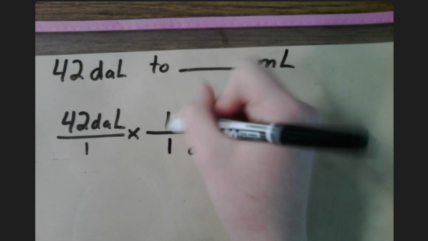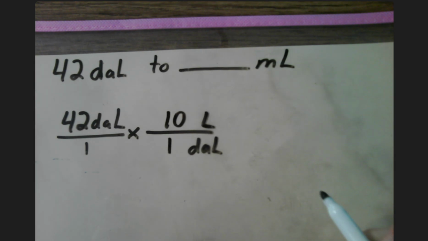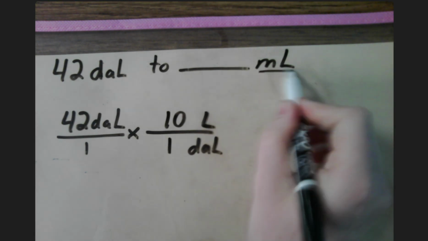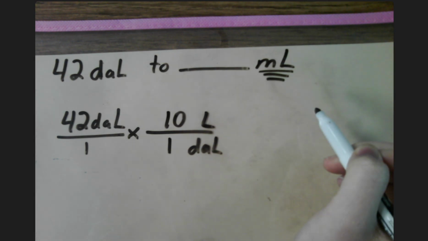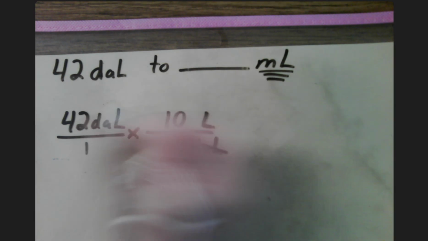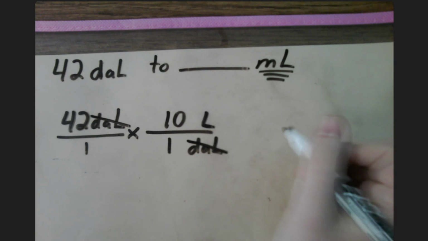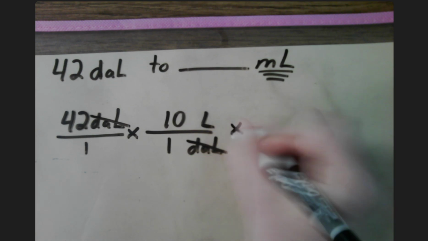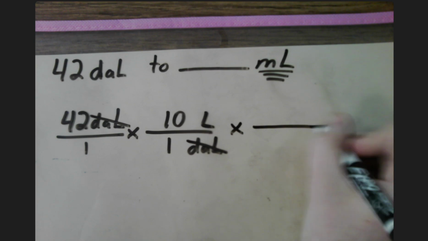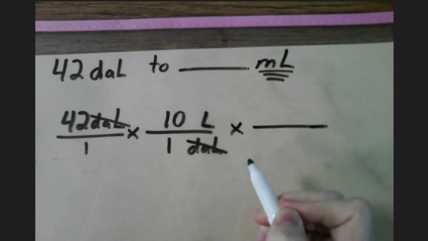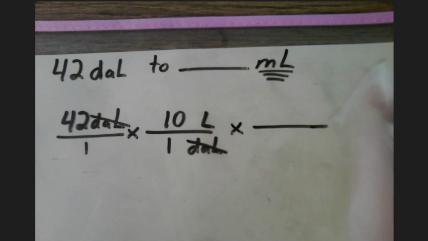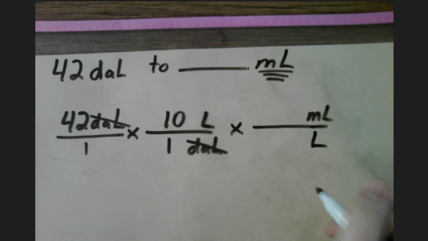1 and 10. Okay. But guess what? This problem is looking for milliliters. When we cancel this out, we're left with liters. But that's not what we're looking for, so we're going to have to do another step. So we're going to multiply again. We want to cancel this liters out, but we want to get left with milliliters. So let's put milliliters up here and liters down here. So let's look at our conversion, see which one it is.